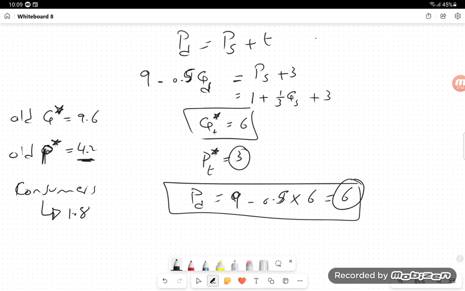And with respect to the suppliers, price is going to go from 4.2 to 3. So producers are going to pay 1.2. So the government is going to get 3. This 3 is divided between the consumers and producers as 1.8 from the consumers and 1.2 from the producers.